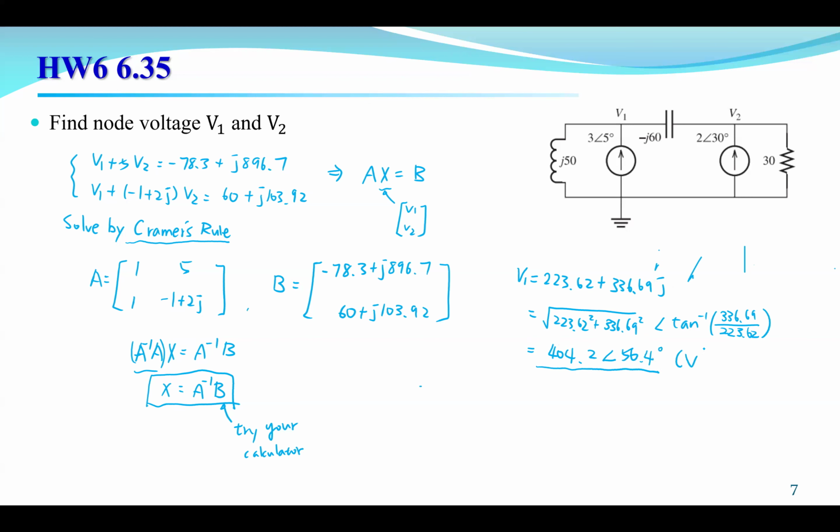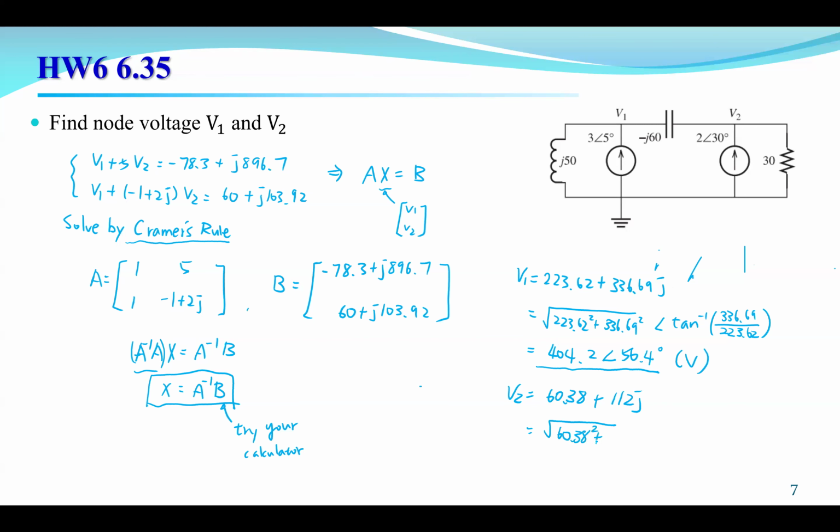And this is volt. This is V1. And V2 equals 60.38 plus 112J.